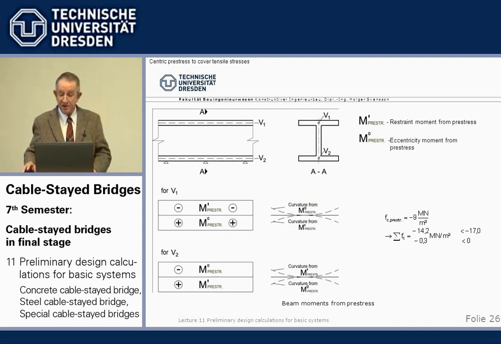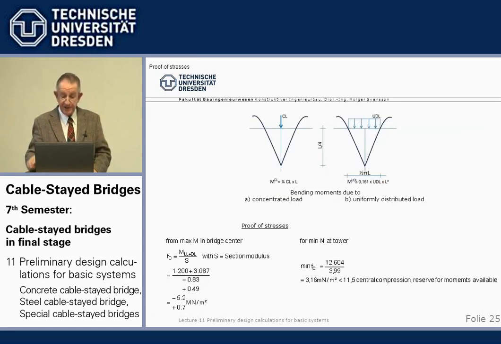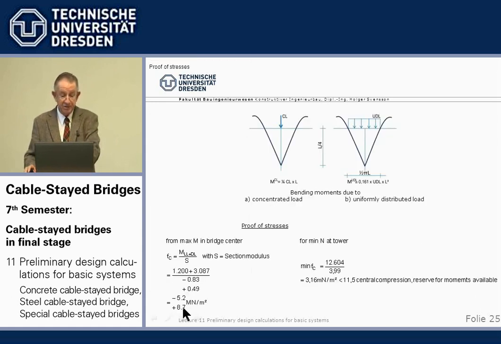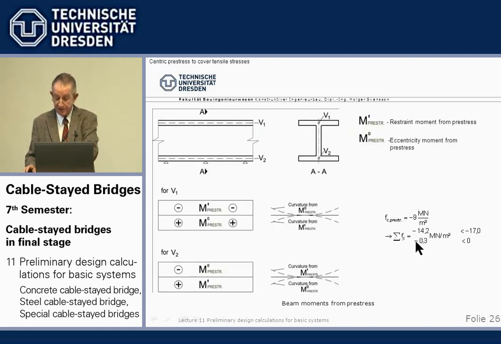Explained to you? So, if we have a tensile stress of 8.7 from bending, and we want to get this tension out, then we superimpose post-tensioning compression of 9 meganewton per square meter. If we add the two up, then plus 8.7 minus 9 gives us minus 0.3.